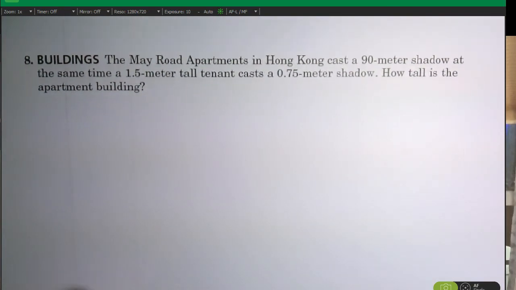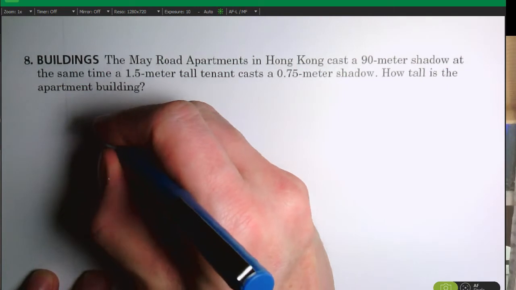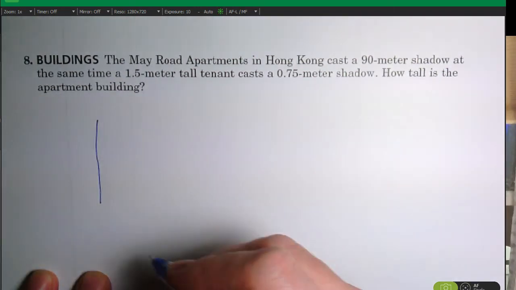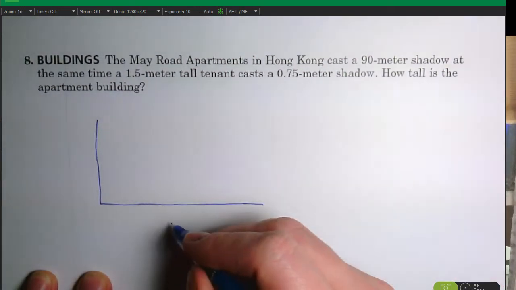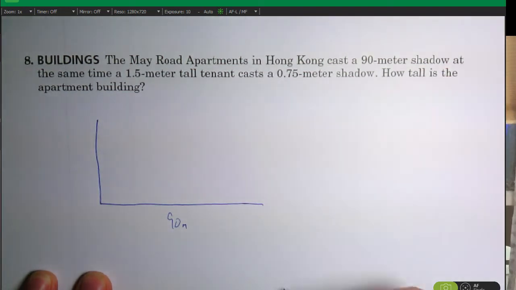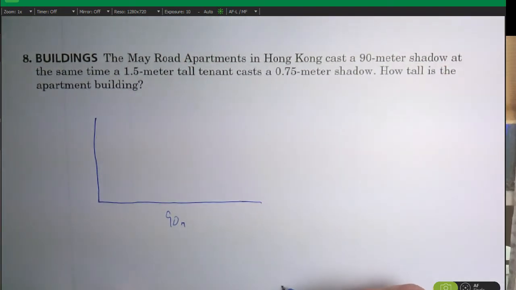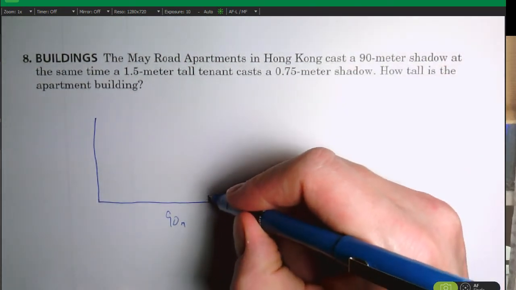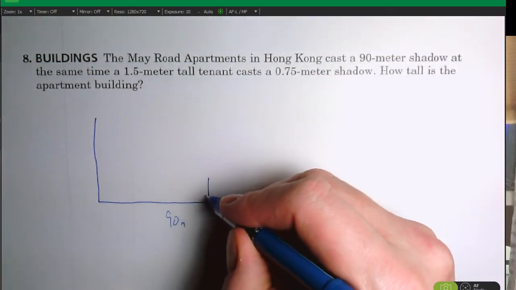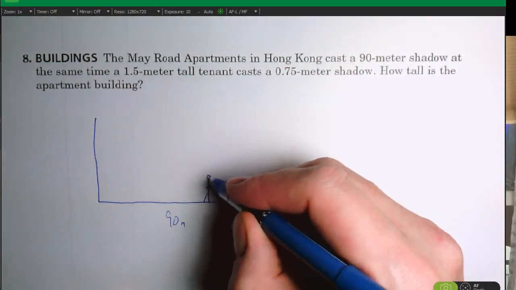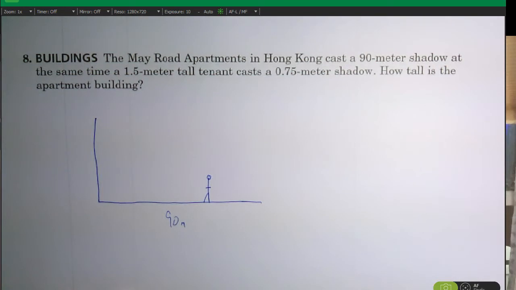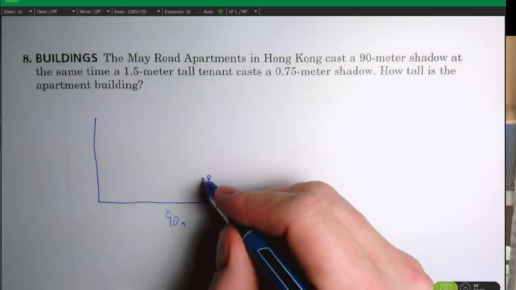What they're doing a lot of times with problems like this is, here's the building, here's its shadow, and then here's our person who's 1.5 meters tall. Very thin, unfortunately shaped person.